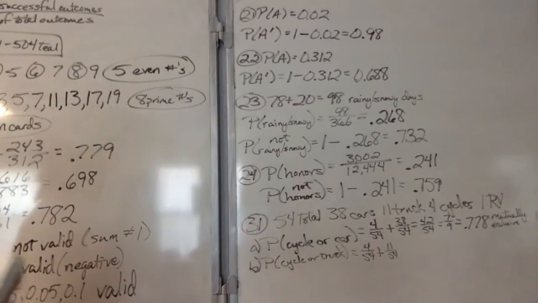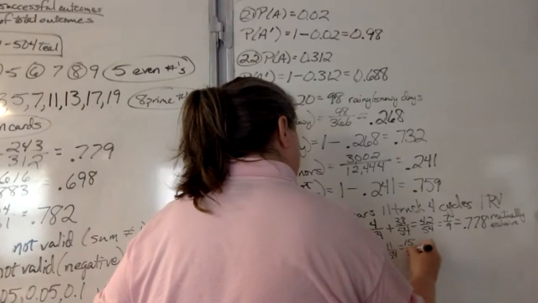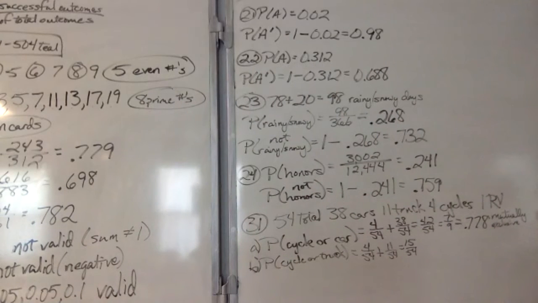So 4 plus 11 is 15. 15 over 54 reduces down to 5 over 18. Okay. 5 divided by 18 equals 0.278. And we said it was also mutually exclusive.